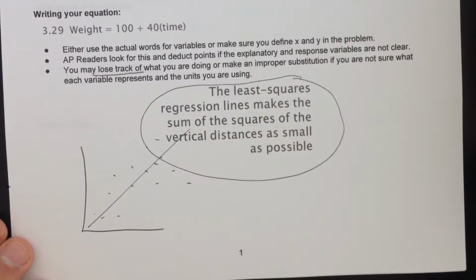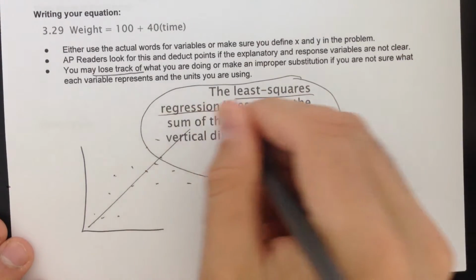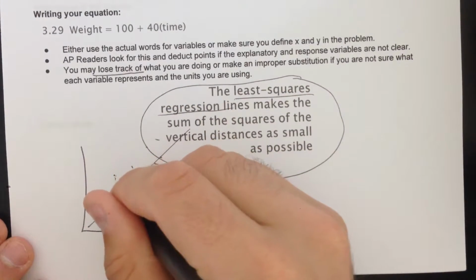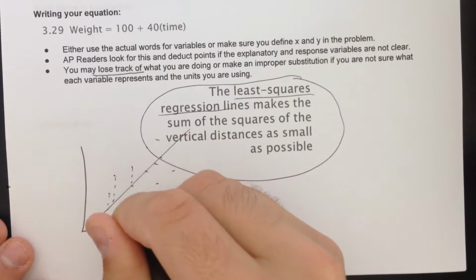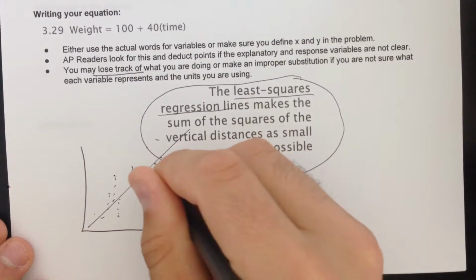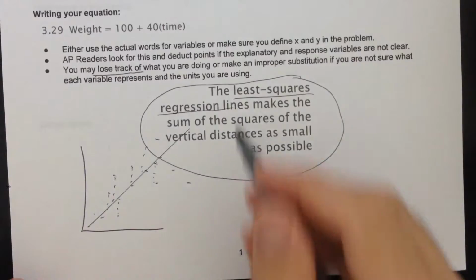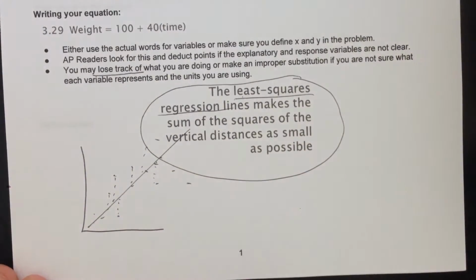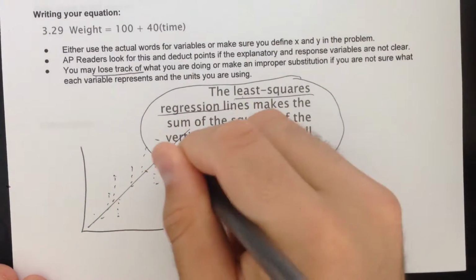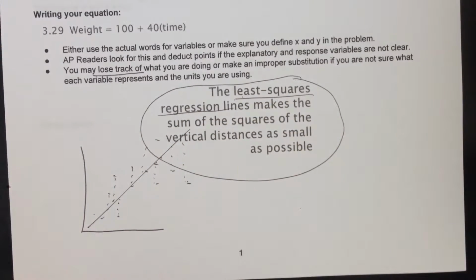What the least squares regression line does is it finds all these vertical distances between the points and the line itself, squares those distances, adds them up, and finds the line that creates the smallest sum. That's why it's the least squares regression line. We're going to go into more detail about how that actually works, but that's essentially what a least squares regression line does. The computer does it for you. It finds the smallest sum, but anybody can kind of estimate what the regression line will be.